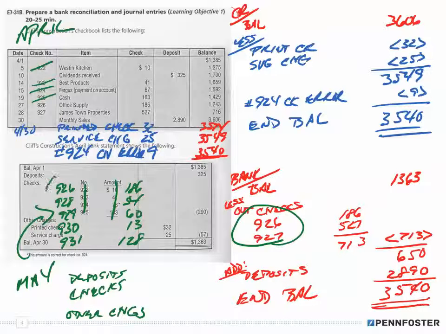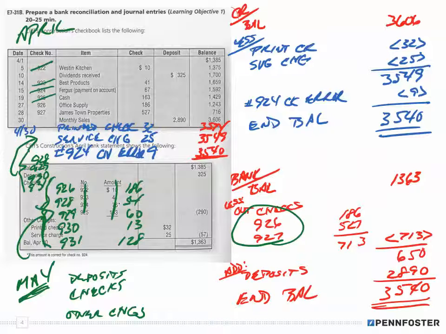Just to make sure you're clear, I'm looking at May's bank statement, and on May's bank statement, these are my outstanding checks. Now, when you do your May reconciliation, realize that in your check register you would have had 928, 929, 930, and 931 written.